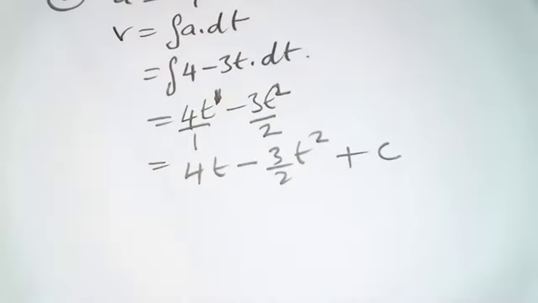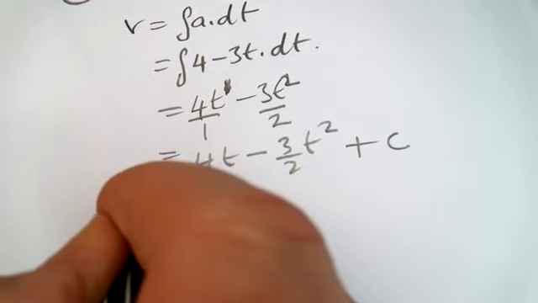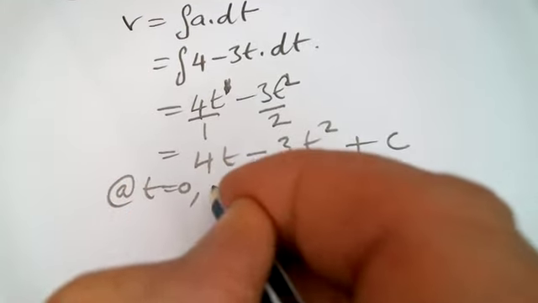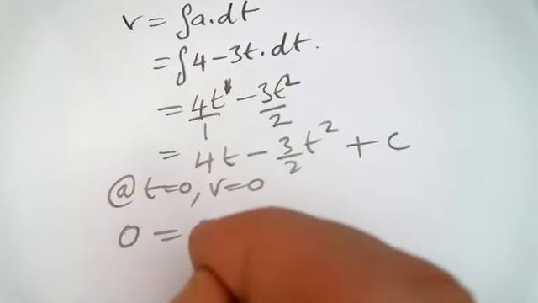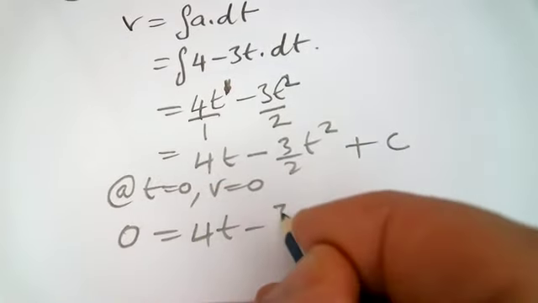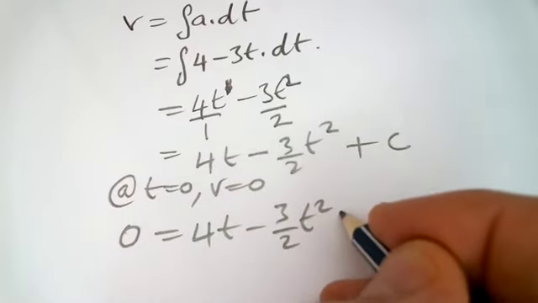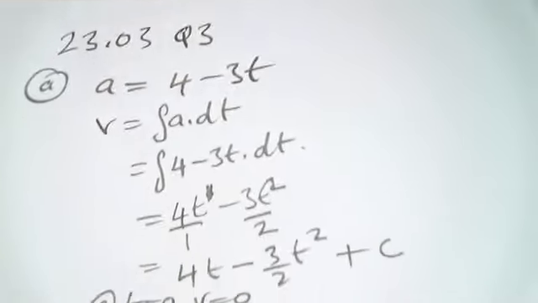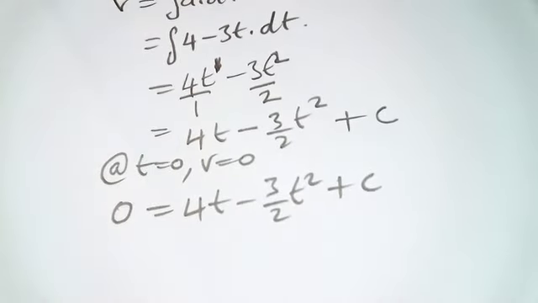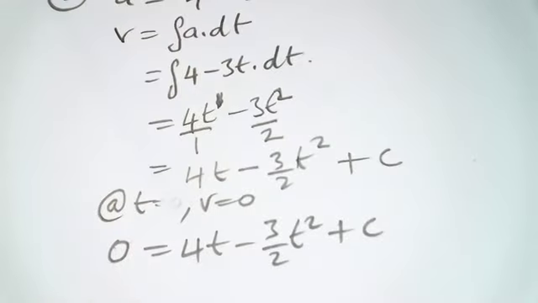So I can write that now: at t equals 2, v equals 0. So I'm going to rewrite that: 0 is going to equal 4t minus 3 on 2 t squared plus c. Now I'm going to add in the 2. Oh sorry, it's time 2, not t equals 0. What am I doing? So I'll get rid of that 0 and make that a 2.